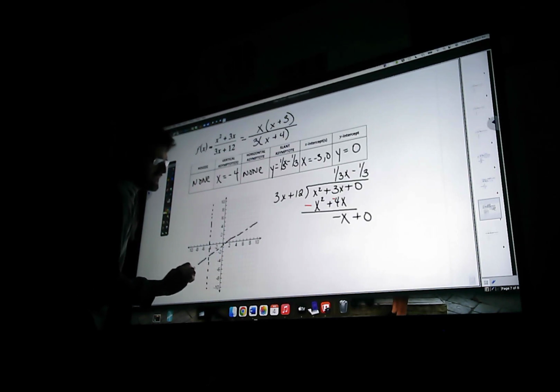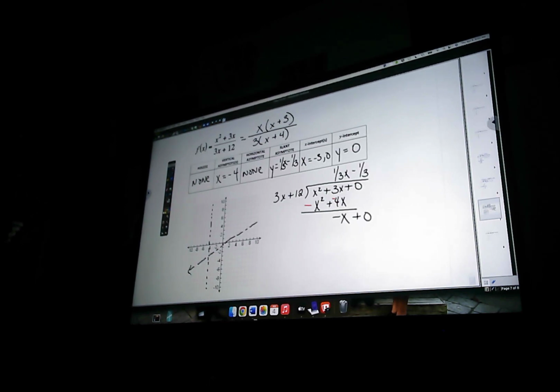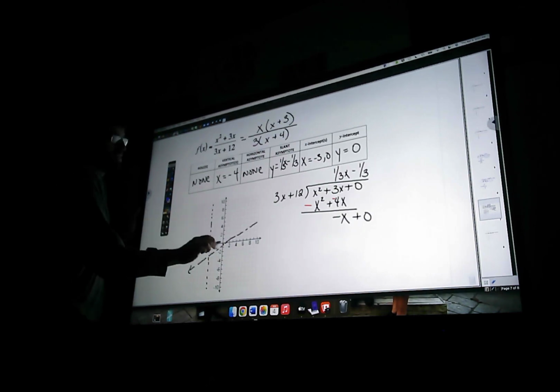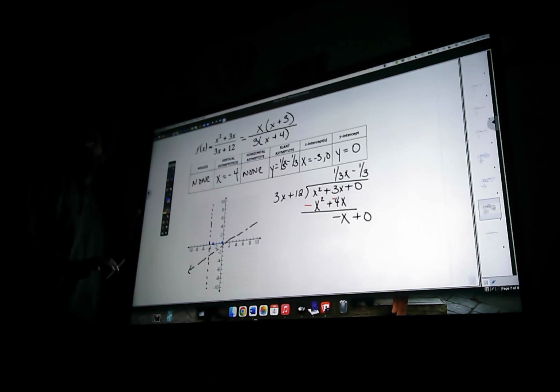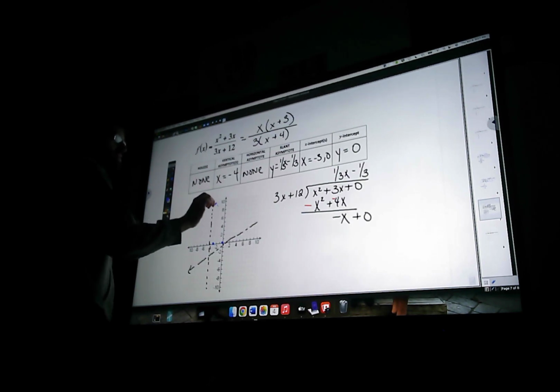That's just for the slant asymptote. X-intercepts of 0 and -3. Then when you graph that, it is going to look like this.